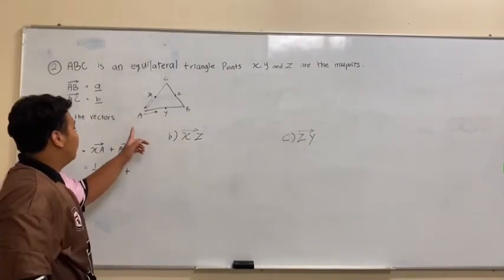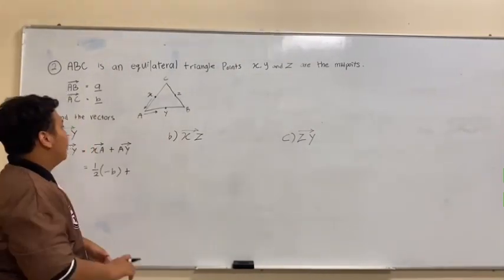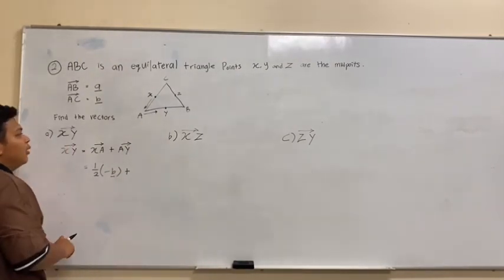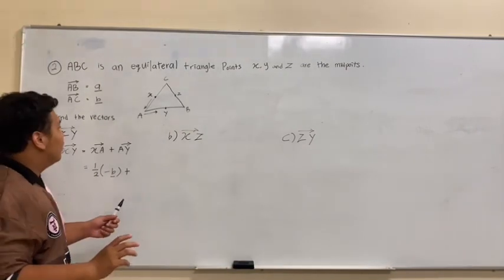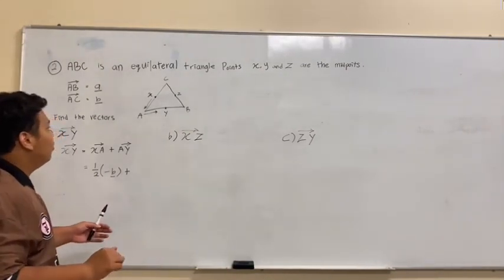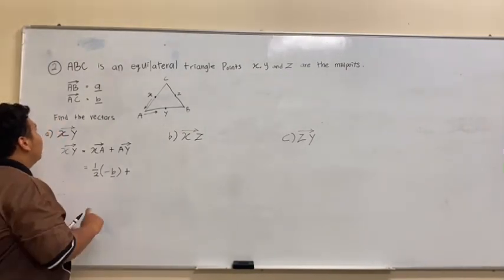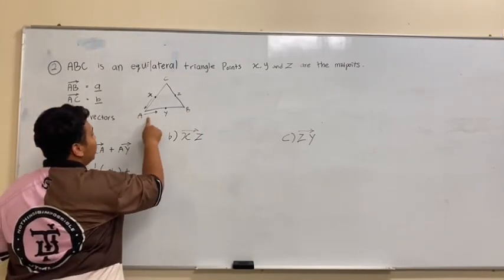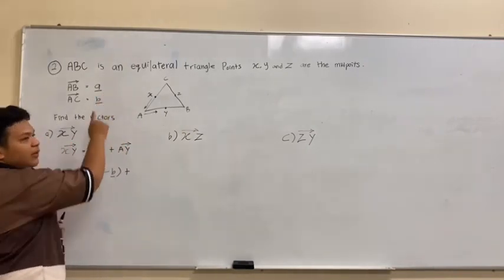Then we find vector AY. We already know that the magnitude for vector AB is positive a.